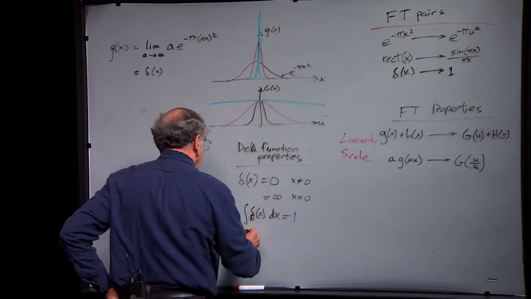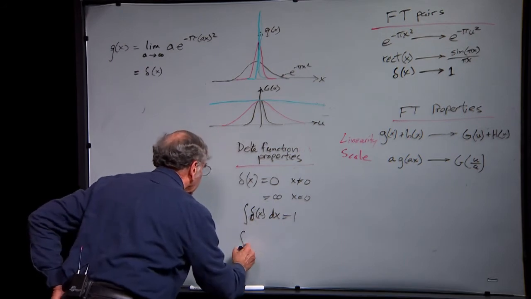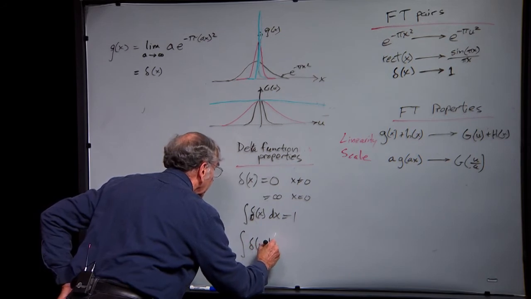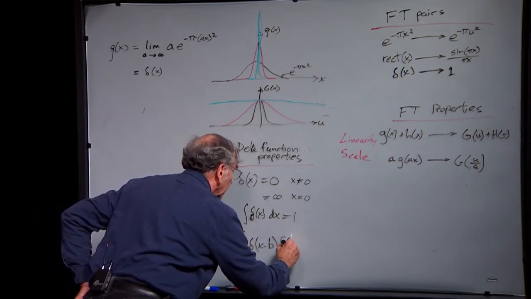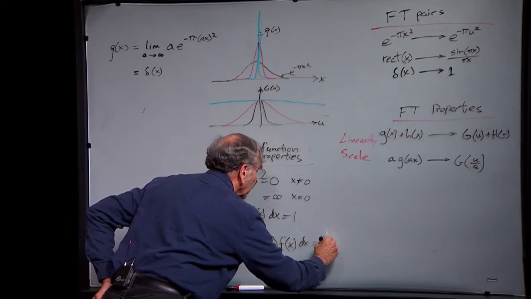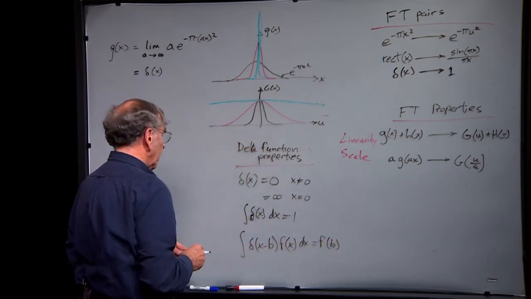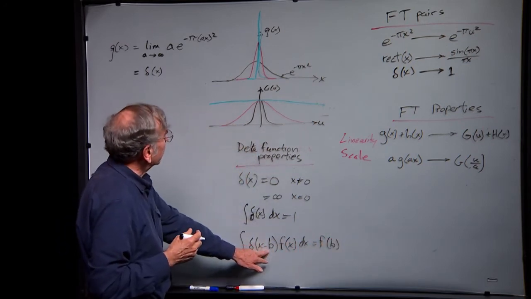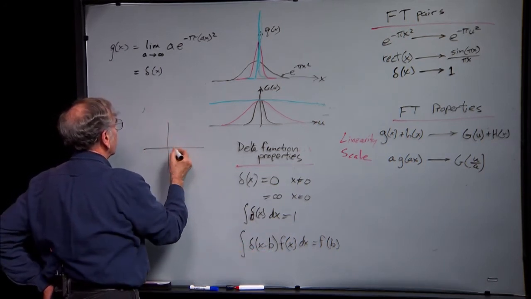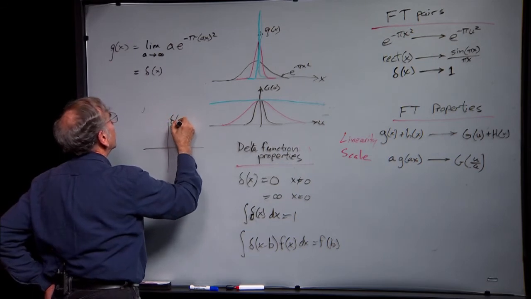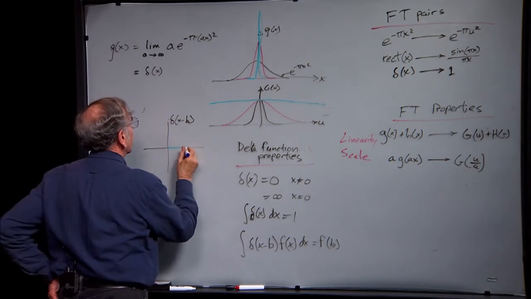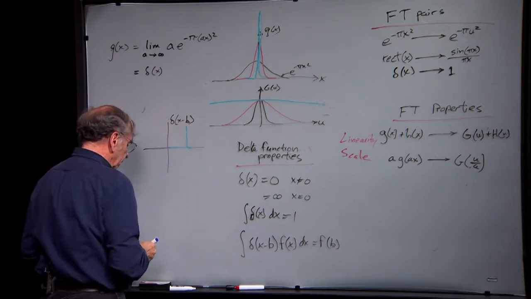If I do an integral of delta of x minus b times some function f of x dx, the final value is equal to f of b. Now, how does that work? Well, this is a delta function that is displaced somewhat from the origin. So delta of x minus b is a delta function that is just centered on the point x equals b.